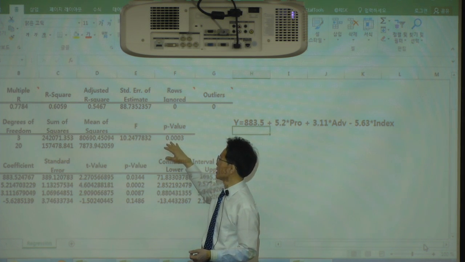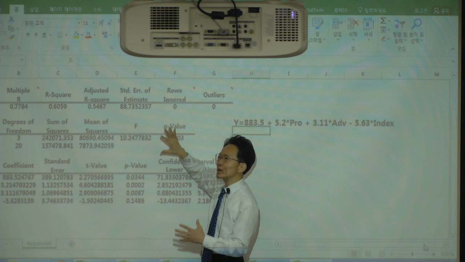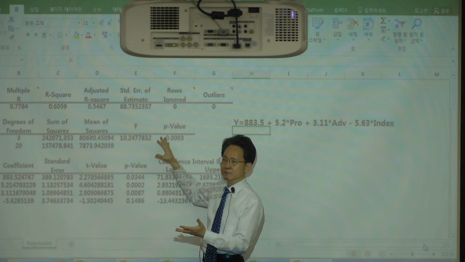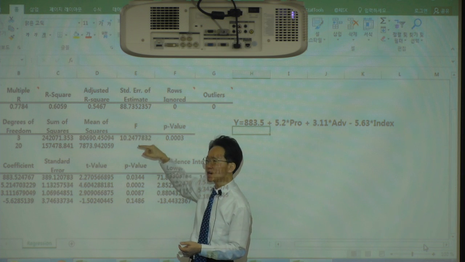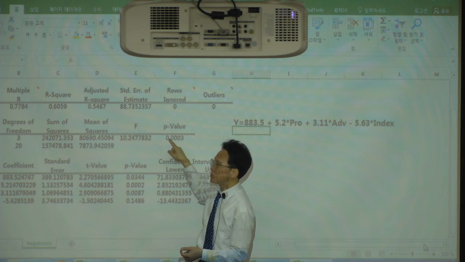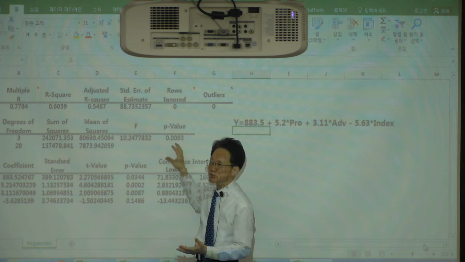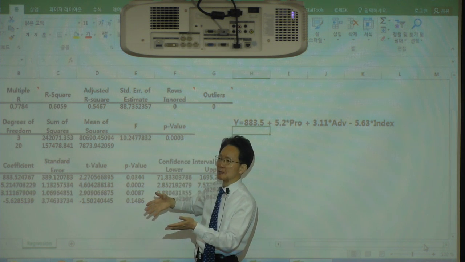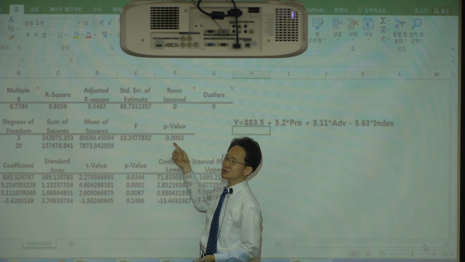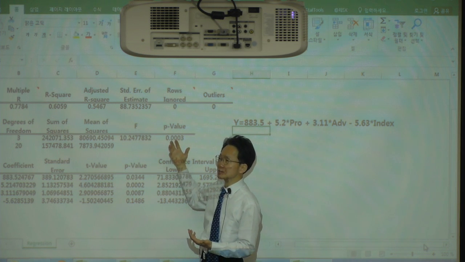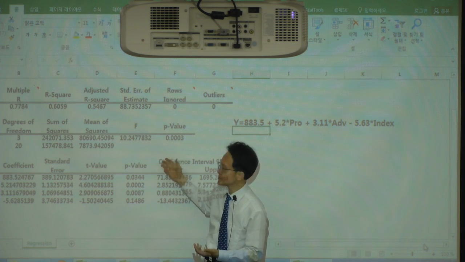Therefore, I would say this regression model as a whole is good. It's strong. Because I can reject the null hypothesis which says that the regression model is useless. I can reject that null hypothesis quite confidently. My confidence level is larger than 99% in this case, okay?